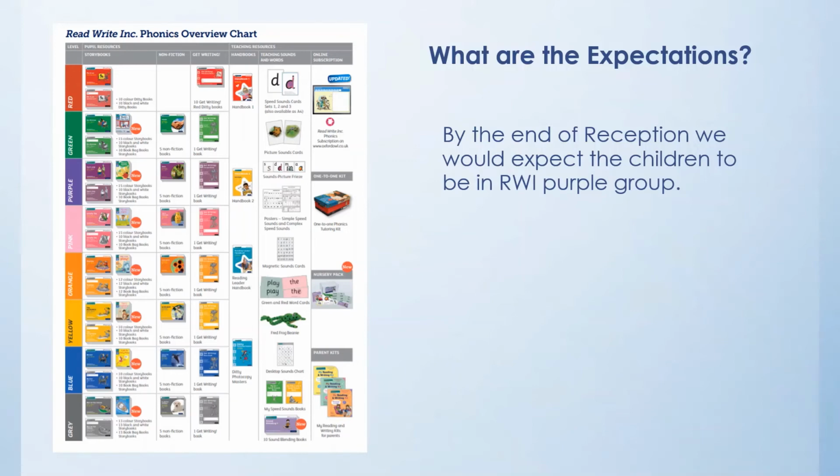When they are ready to Fred talk and read simple CVC words, they move on to Red group and they start to read books. From that Red group, they move on to Green and will hopefully finish in Purple by the end of reception.